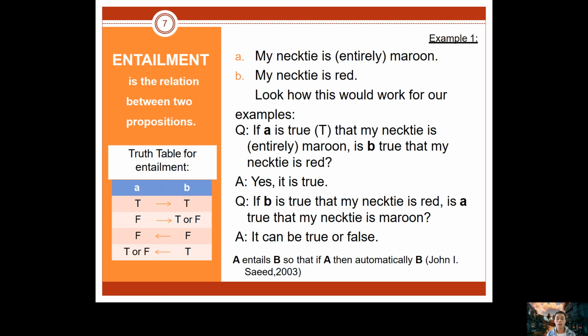It is not necessarily maroon; it can be true or false. That's why if B is true, A, that the necktie is maroon, can be true or false, like that.